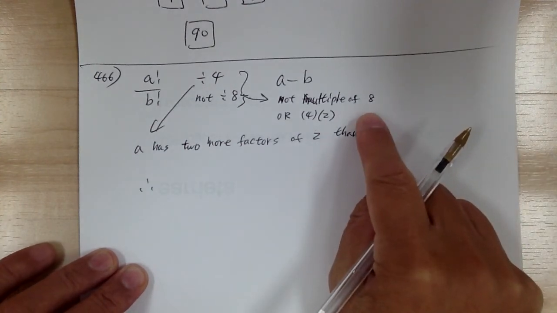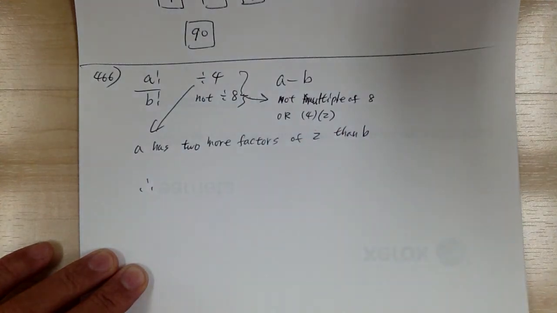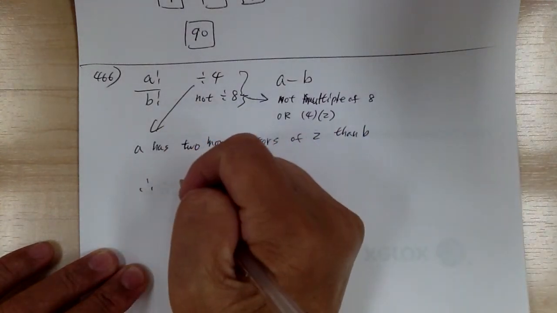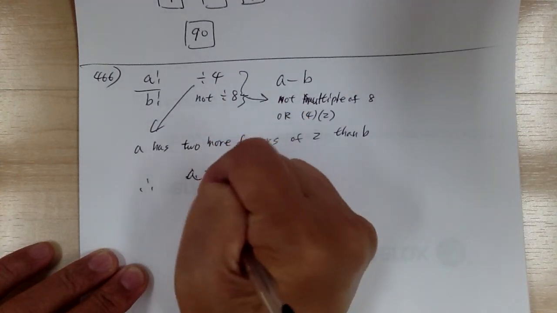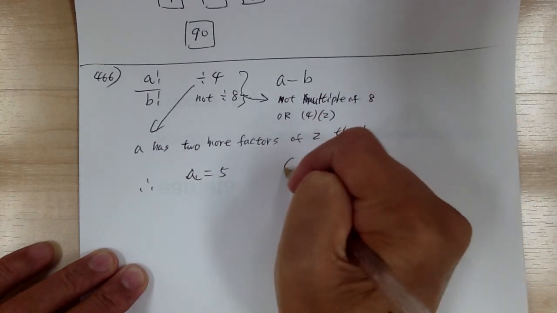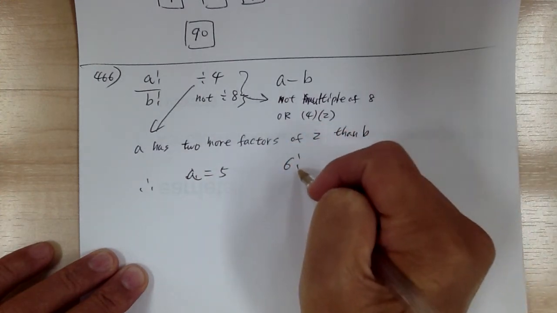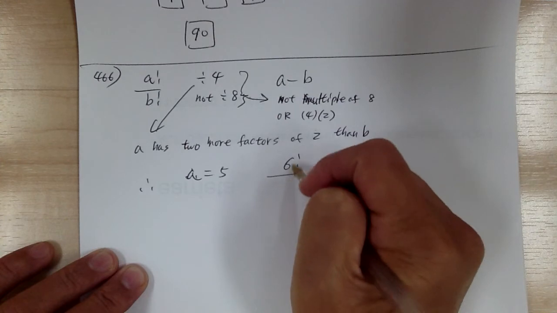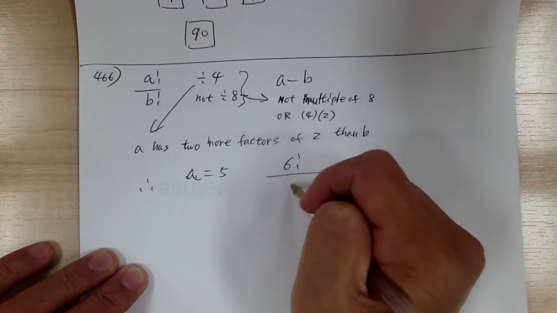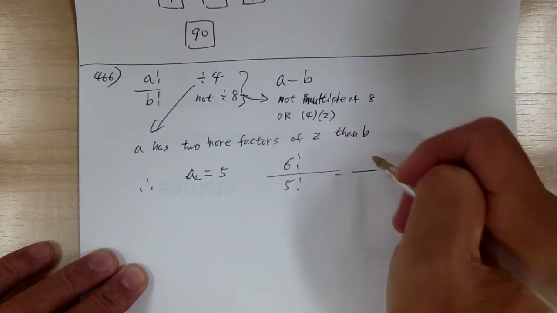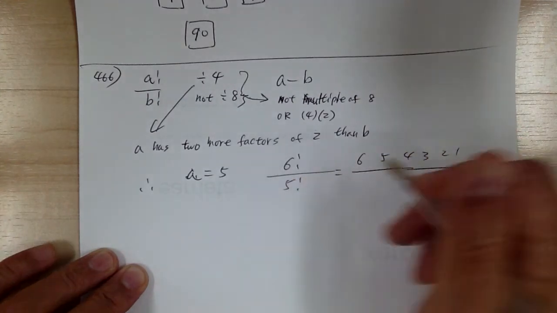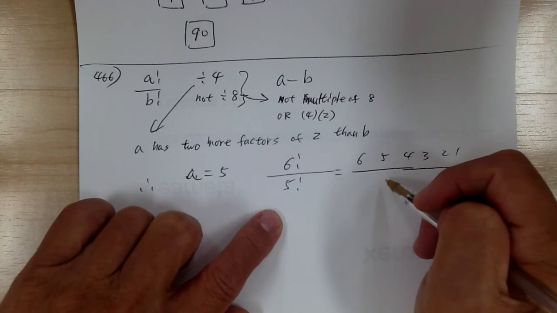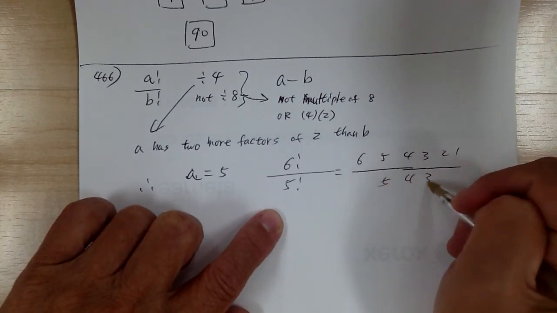Okay, because anything higher than 8 factorial, then you're going to run into problems. And so therefore, the highest number is 5. So a is equal to 5, because when you get to 6 factorial, then down here you're going to have problems. Because if it's 5 factorial, then you're going to have 5, 4, 3, 2, 1.